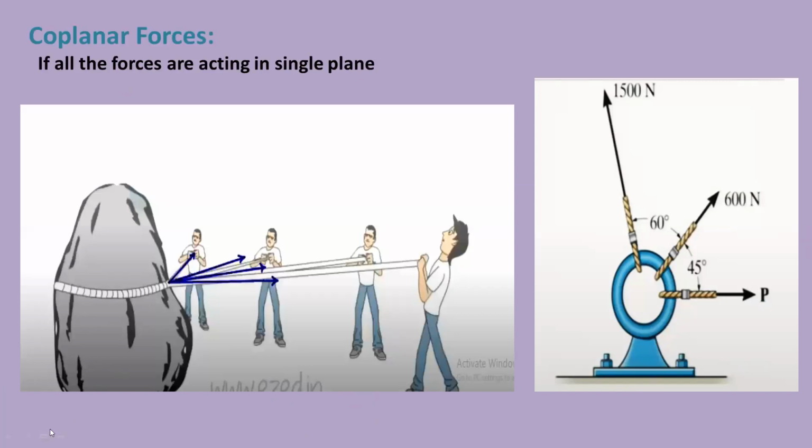So what is the meaning of coplanar forces? If all the forces are acting in a single plane, it is called a coplanar force system. So if I select one plane, this is the plane.